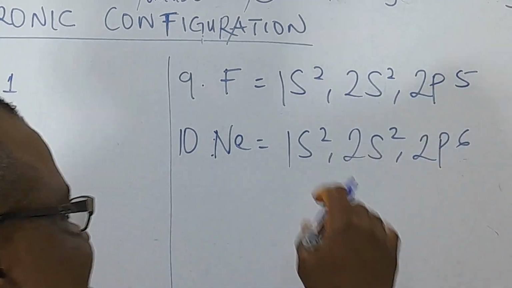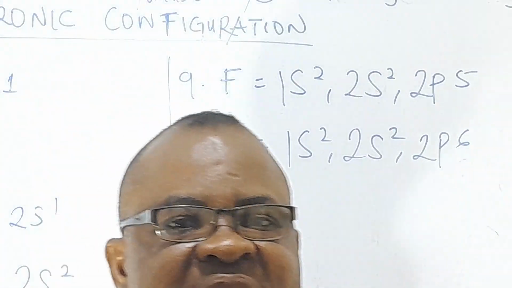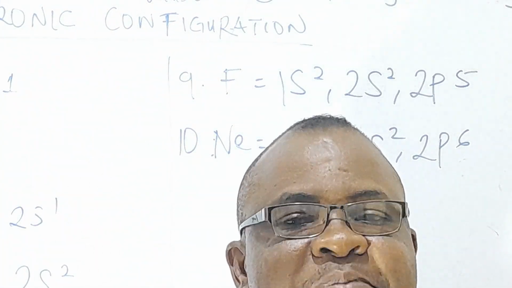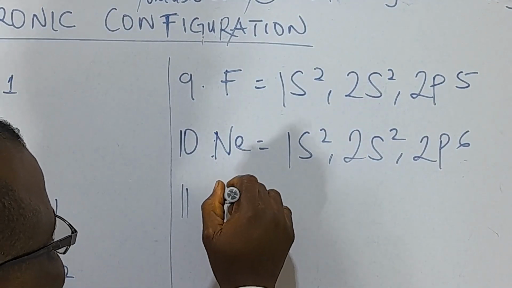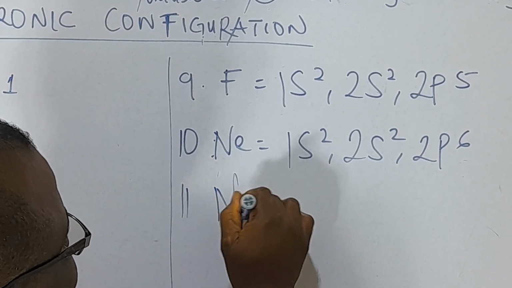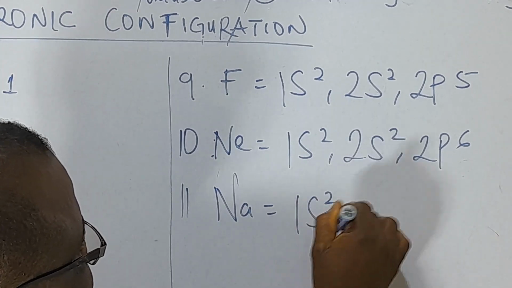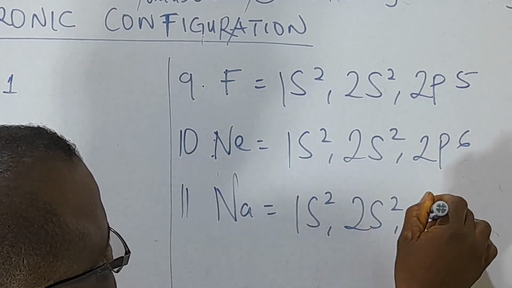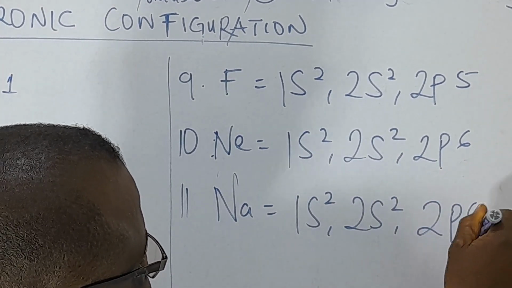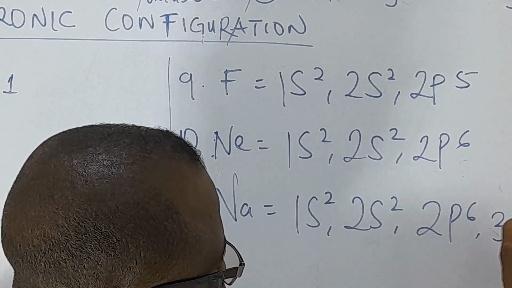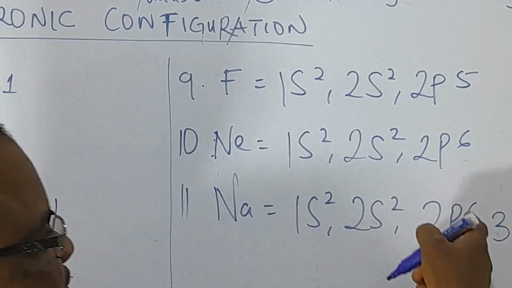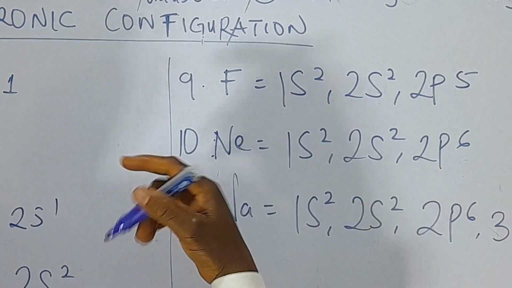When you look at it, neon is going to be on P6. Number 11 is sodium: we have 1s2, 2s2, 2p6. Then after this, I go to the next one, 3s1. So 2 plus 2 plus 6 plus 1 gives me 11.